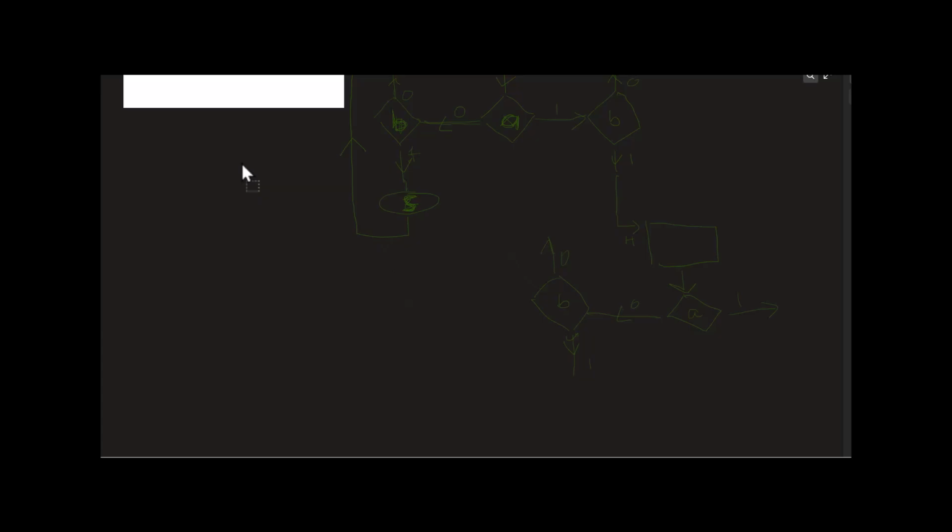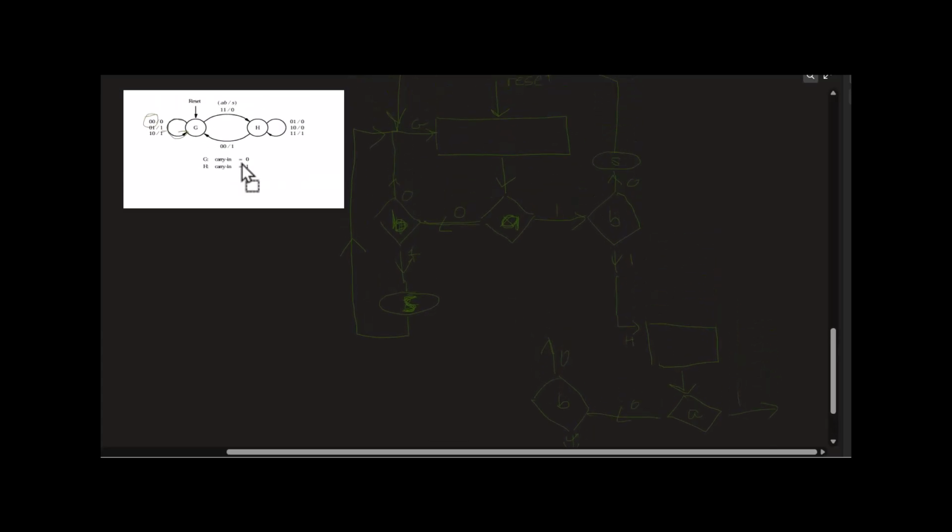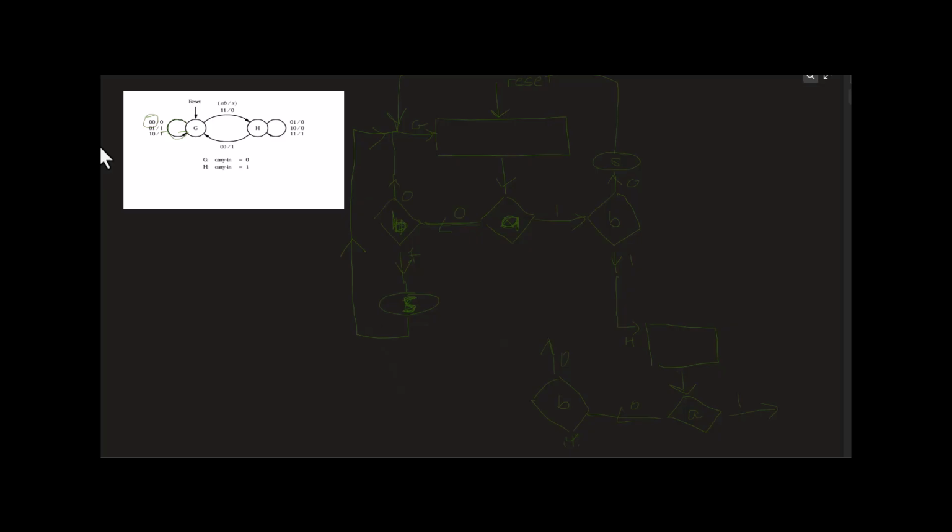Oh, that was 1. So 0, 0 from H has an output of 1 and goes to G. I can just join into this path that's going to G.